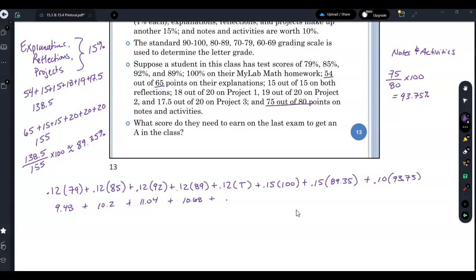And 0.12 times t, for right now, I'm just going to leave that as 0.12 t. 0.15 times 100 is 15.